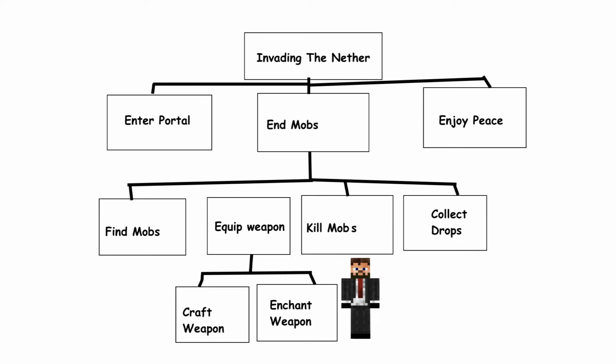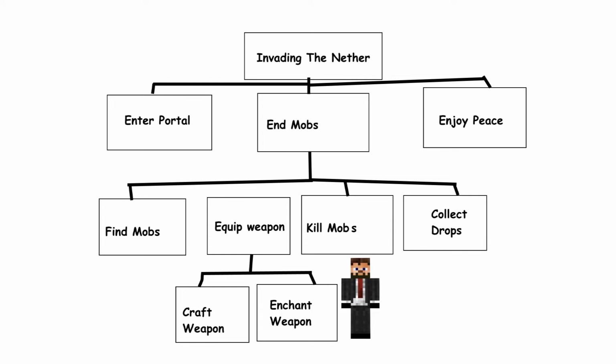This is a hierarchy chart. In computer science, we use these to help organize our programming. In this, the entire program would be invading the Nether, and now we can split this down into entering the portal, ending the mobs, and enjoying the peace. Now ending mobs can be subdivided into finding the mobs, equipping the weapon, killing the mobs, and collecting the drops.